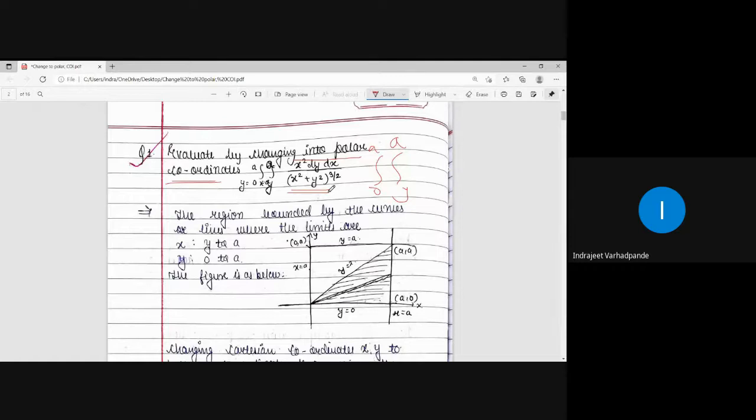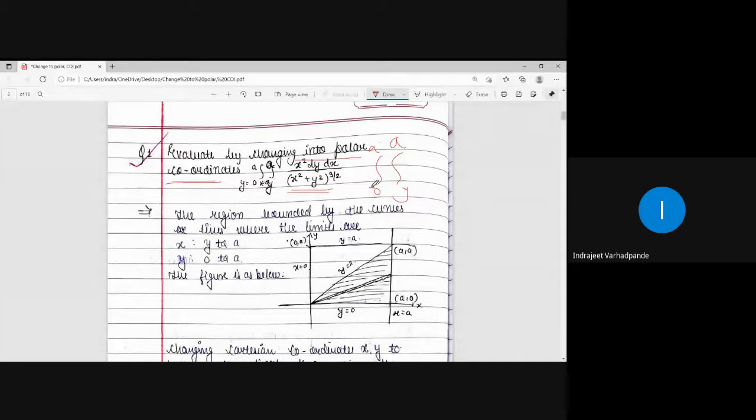From the beginning itself, I am insisting on how to draw the rough sketch for the given region. Once that is done, you can easily draw the strip, and using that radial strip, the limits can be easily obtained. Once that is done, integration is not a big deal. First we integrate with respect to r and then with respect to theta.